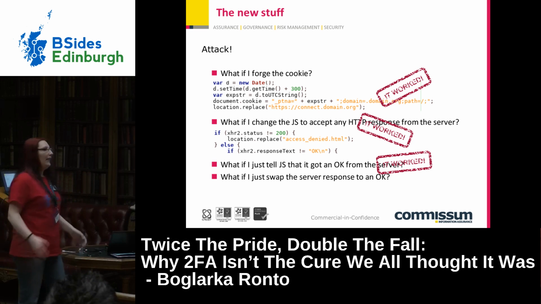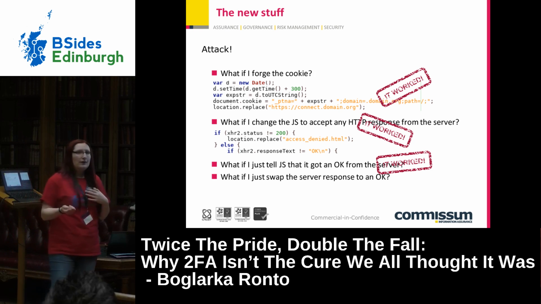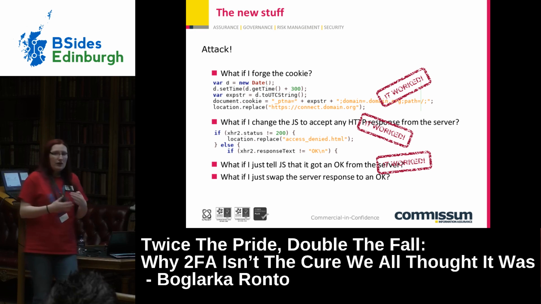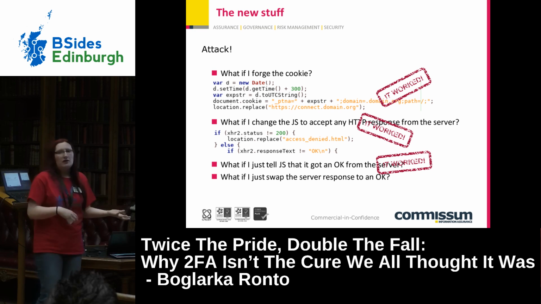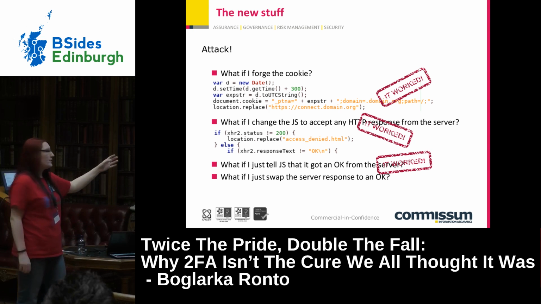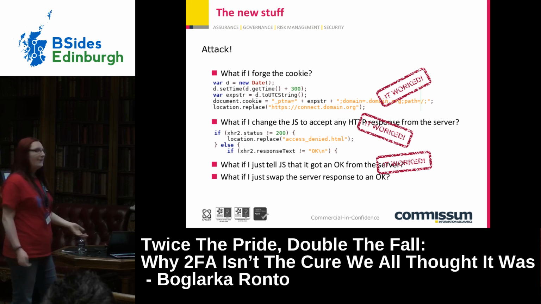We did. It worked. Next, we tried to see if it was possible to manipulate HTTP responses from the server, because it's a relatively simple way of lying to JavaScript. This is the part where it's validated, so it's trivial to modify this, and of course it worked.